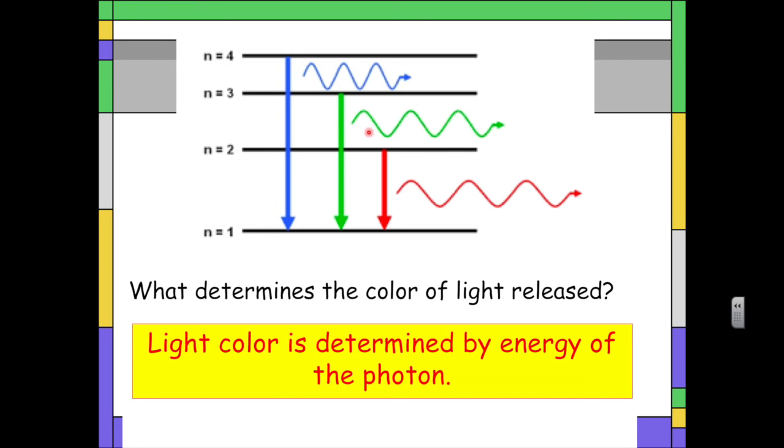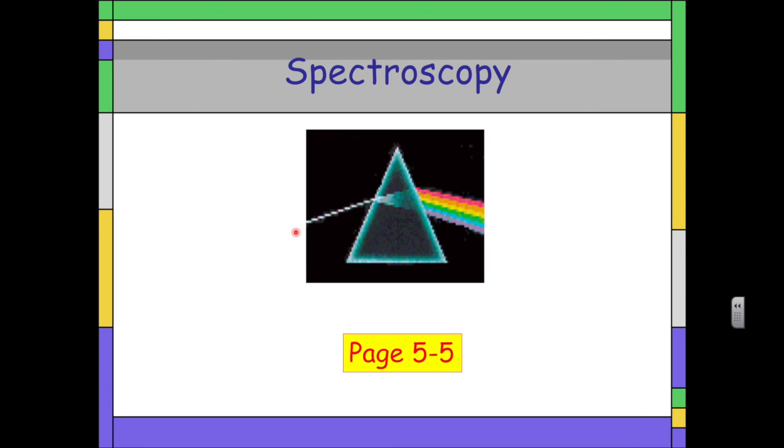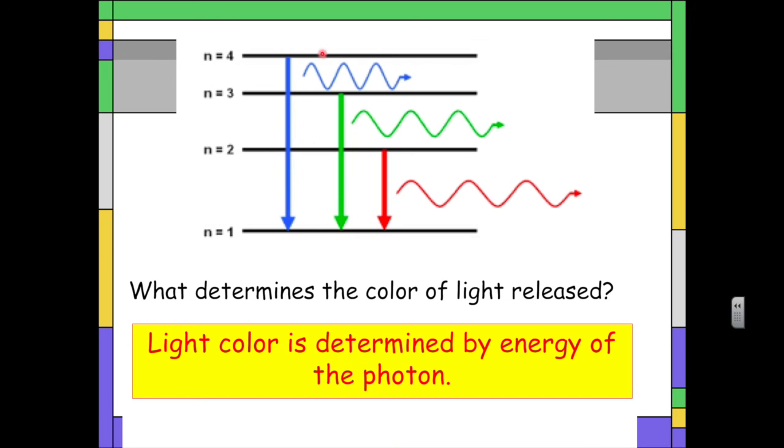A middle jump is a little bit longer, so it's going to be a little bit lower energy. And then a smaller jump is going to be a much longer wavelength, which is going to be a lower energy. So the lower energy, that's going to be the red ones. And then we would get up to violet or blue right here. Okay, so the colors really come from which energy level it's coming from.